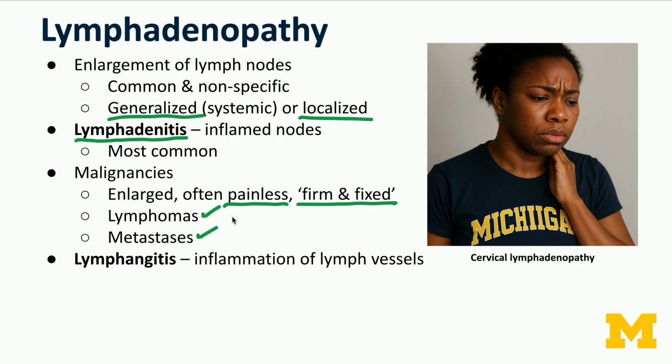There's also lymphangitis. With lymphangitis, the lymph vessels themselves become inflamed, and what you can see are streaks of red or inflammation, sometimes visible through the skin, that are heading towards collections of lymph nodes.